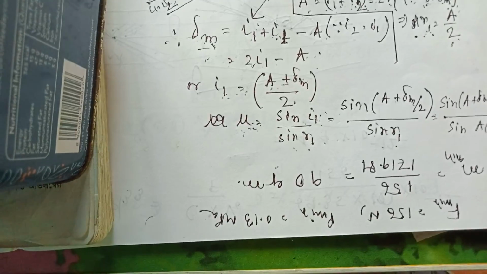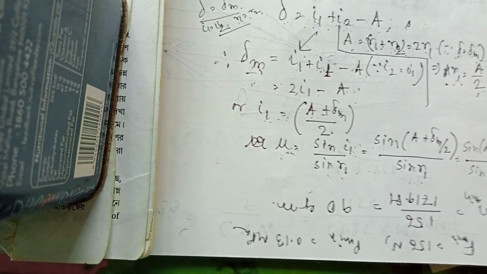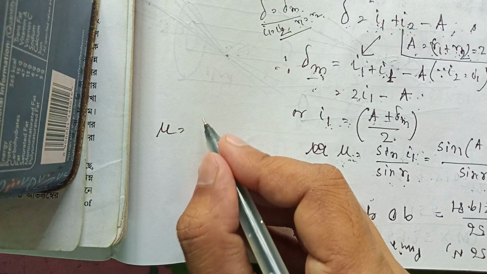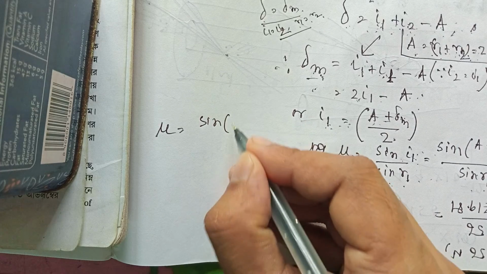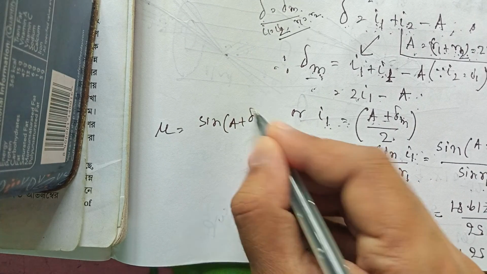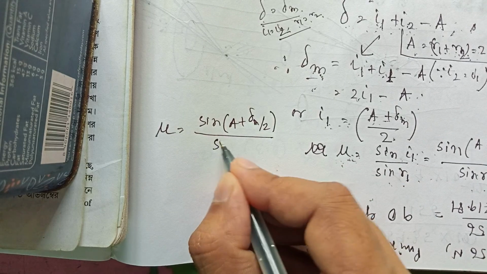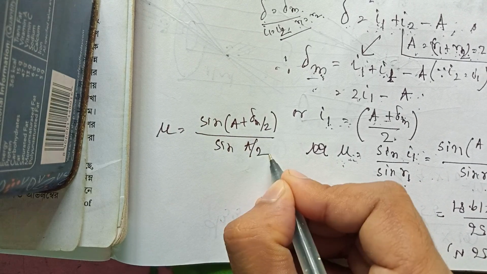So I am writing the relation here so that you can understand the importance. Mu equal to sin of A plus delta M by 2, by sin A by 2.